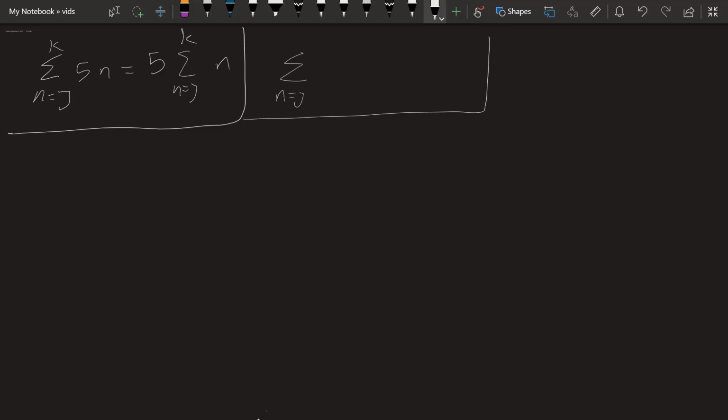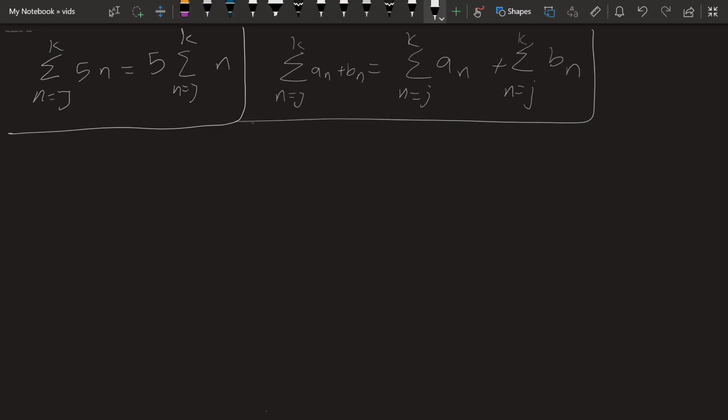Sigma n from j to k of an plus bn is equal to sigma n goes from j to k of an plus sigma n goes from j to k of bn, right? Now let's prove the third property, which is the subtraction property.